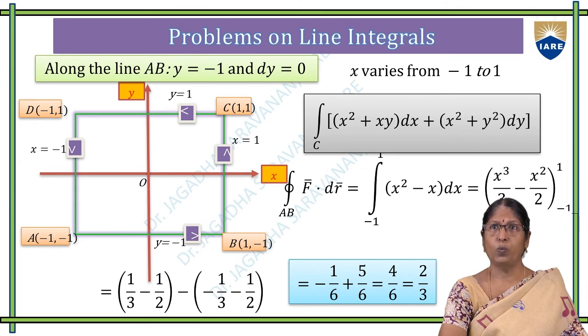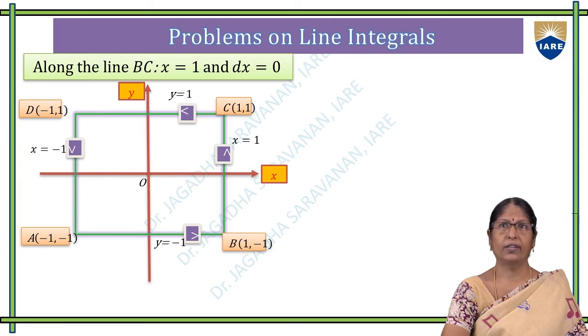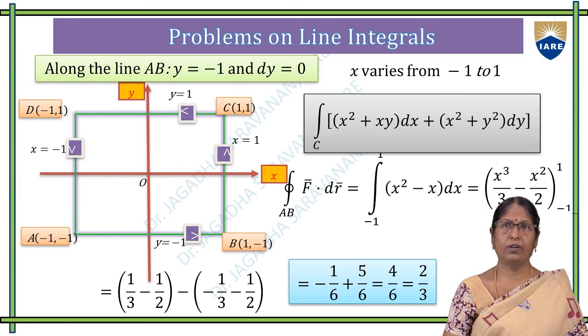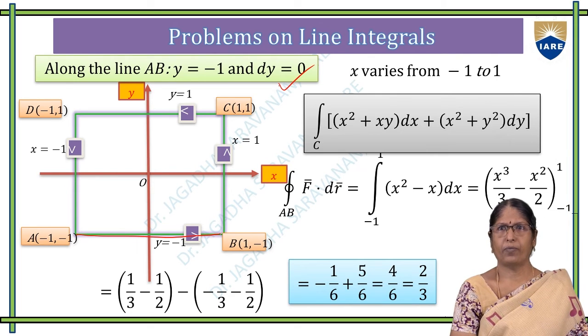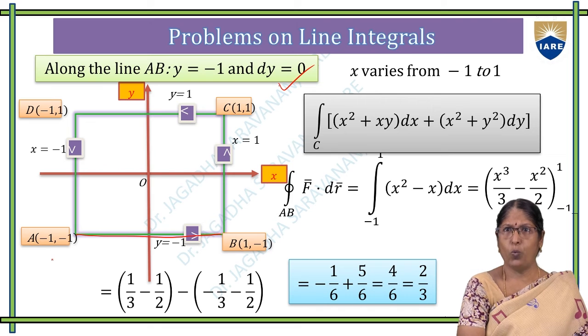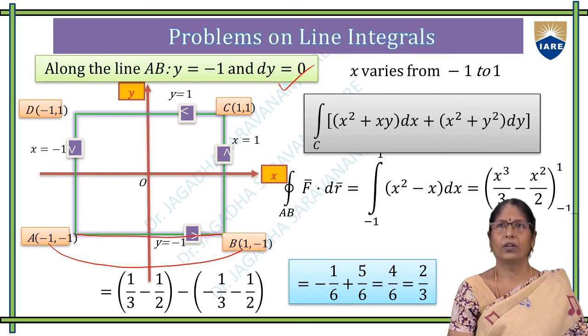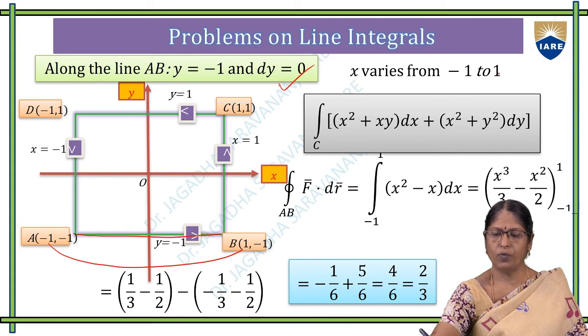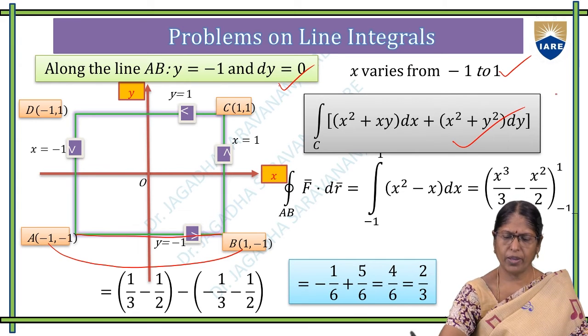Now, along the line AB, we can see very well that x moves from minus 1 to 1. That is what is written here. Next, this is our given function.